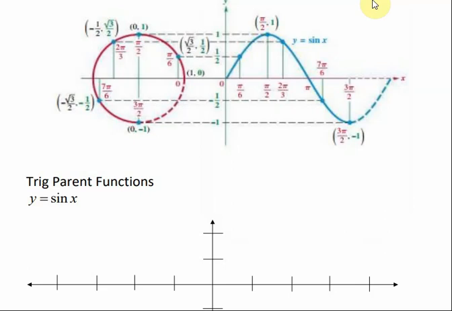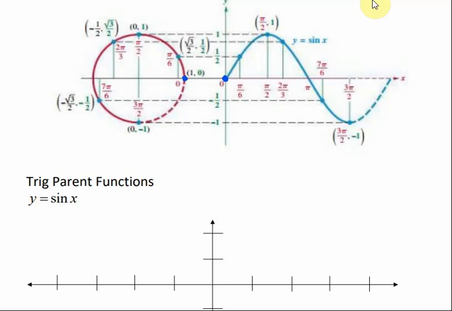So on our first mark on our unit circle, where our y value is 0, on 0 degrees or 0 radians, that would be 0, 0. So on our sine graph, that's where we would put our first mark, at 0, 0.